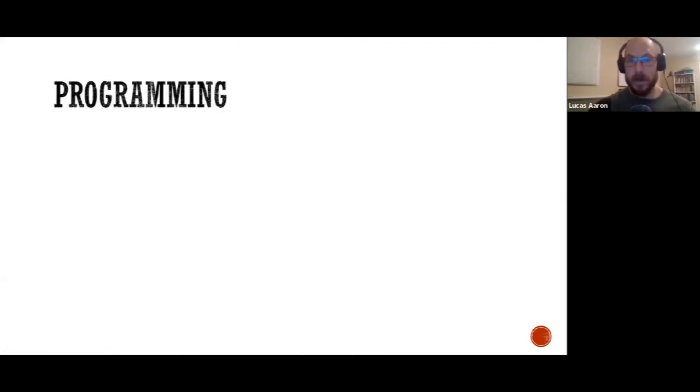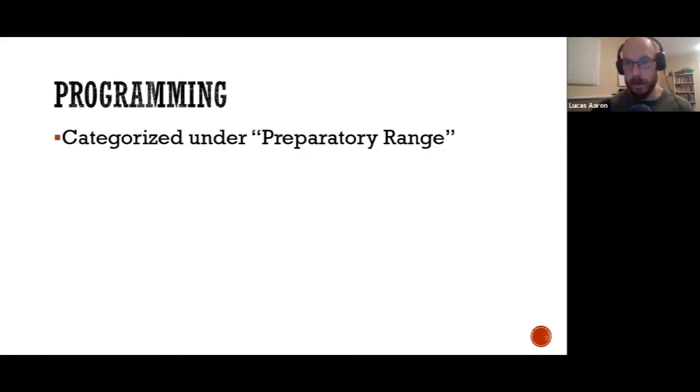So let's talk about some different variables of programming. This is open to your own interpretation and how you like to program and do these things. I'm open to discuss this further as well after this lesson. But how I categorize it in range of strength is agonist activations in the end range I would put under the preparatory range category.